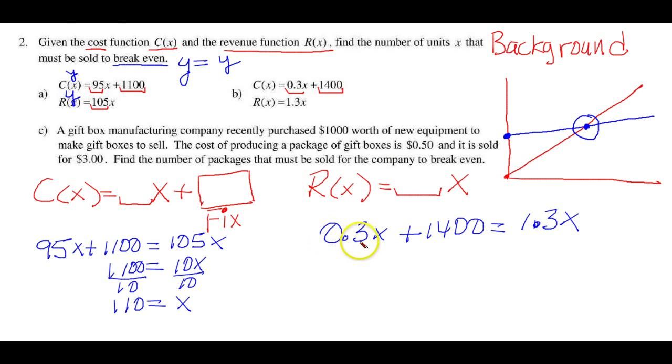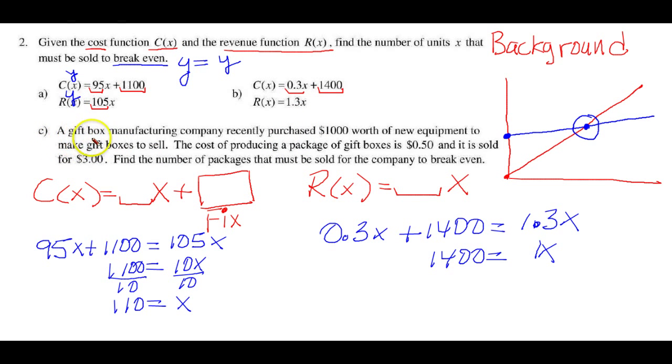So again, we subtract 0.3x from both sides, and that just leaves us 1x. They gave us a real easy one here. So for this one, we would have to sell 1,400 units in order to break even. Again, we're showing you the technique. Okay, let's jump into letter C now.